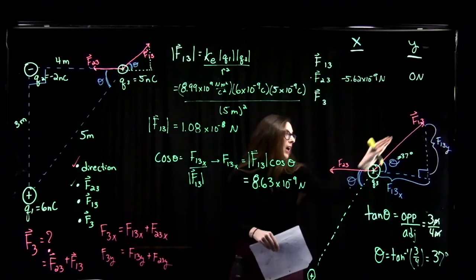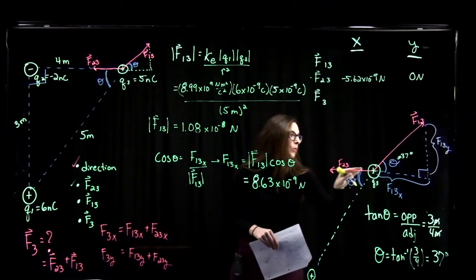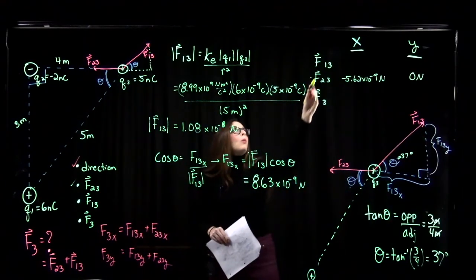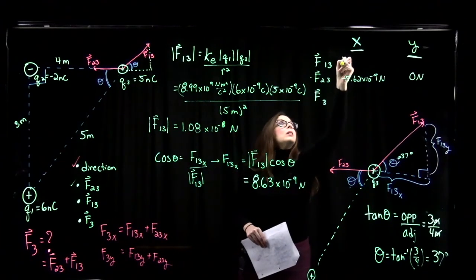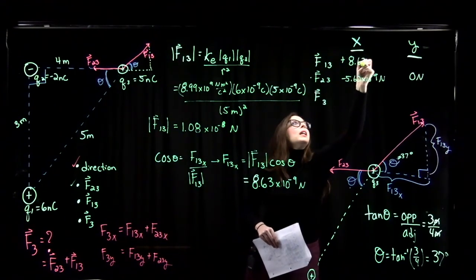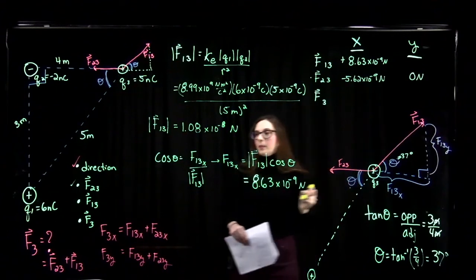F13 is pointing up and to the right. Okay, so it has a positive x component. I can go ahead and put F13x up here in my chart, in my table. It's going to be positive 8.63 times 10 to the minus 9 newtons.